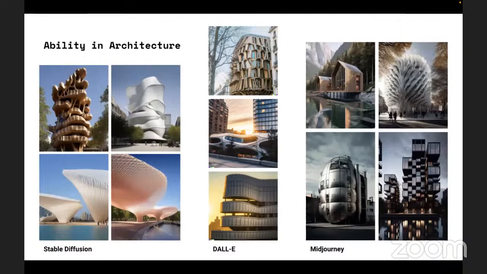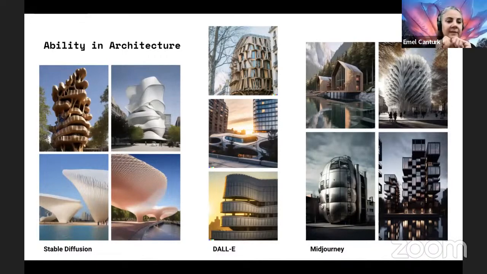So also I want to talk a little about ability in architecture. I think this is important. Here you see the three biggest models, we can say, if you like, Stable Diffusion, DALL-E, and Midjourney.